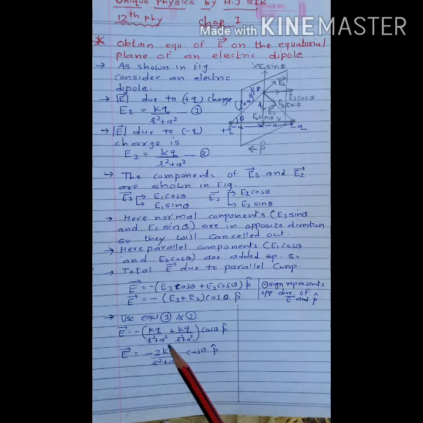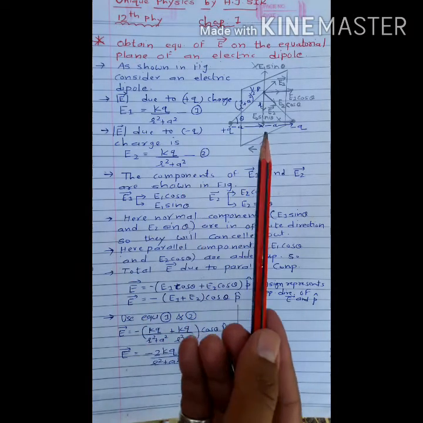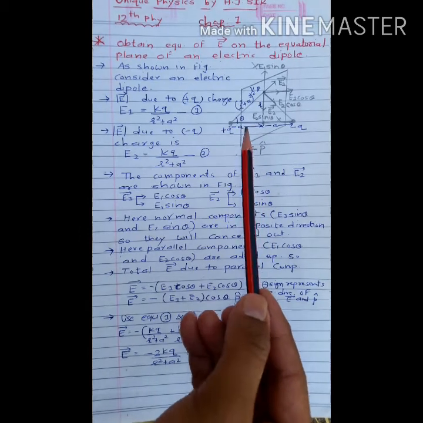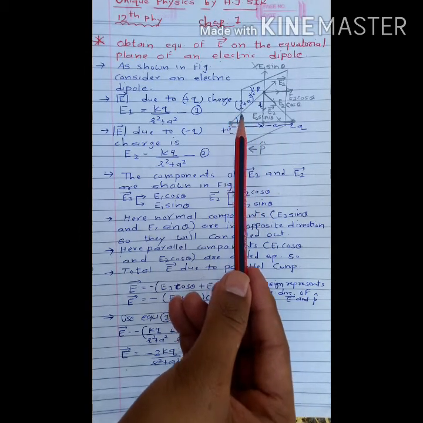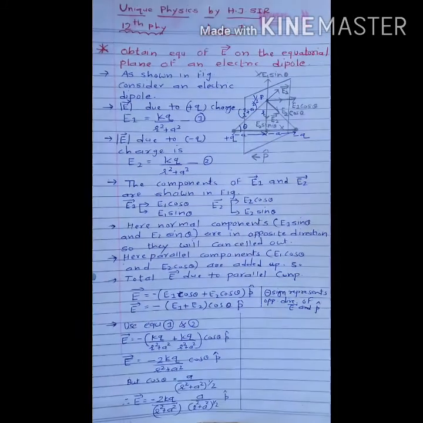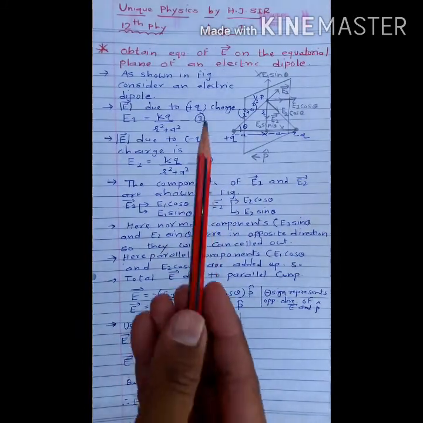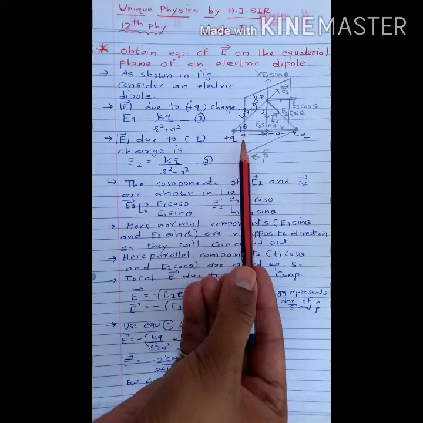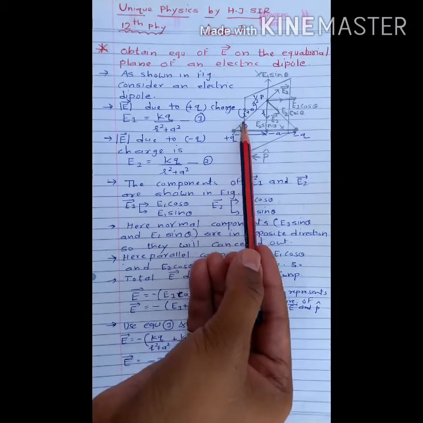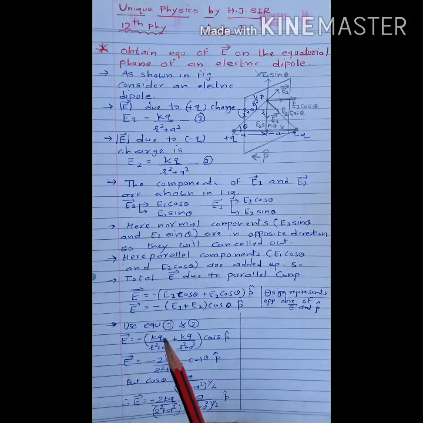Now here we will use the equation of cos theta. See this figure very carefully. This is our angle theta. Here we apply the cos function to this angle. From the geometry of the figure we can say that cos theta is equal to the adjacent side, small a, divided by the hypotenuse, R square plus A square raised to 1 by 2.